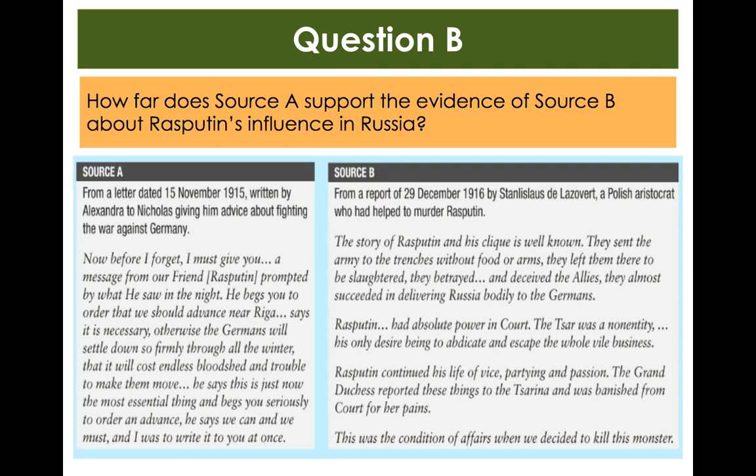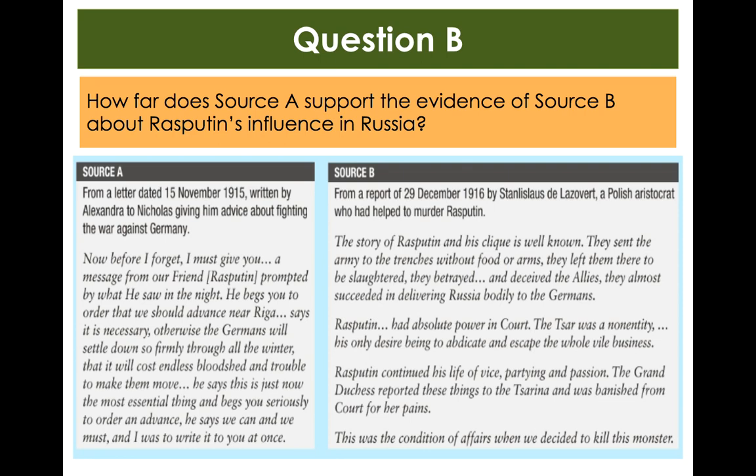Okay, we've been given 2 different sources here. One of the sources is written by the Tsarina, and written to Tsar Nicholas, who's on the front line. The other one was written by an aristocrat who helped murder Rasputin.